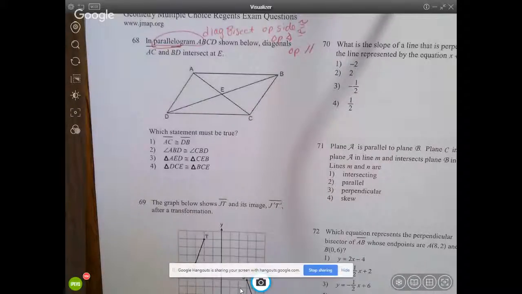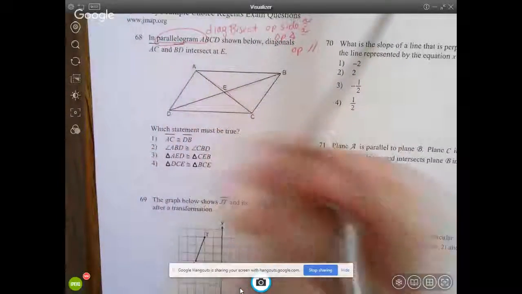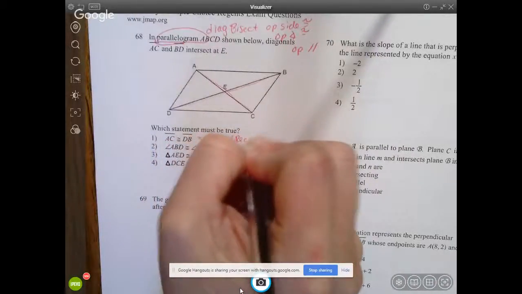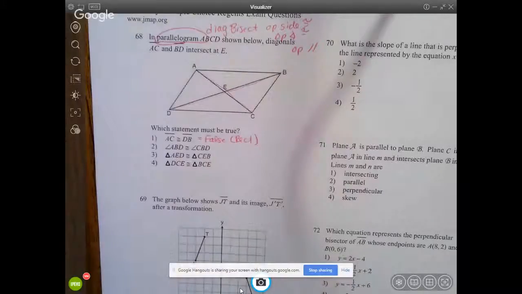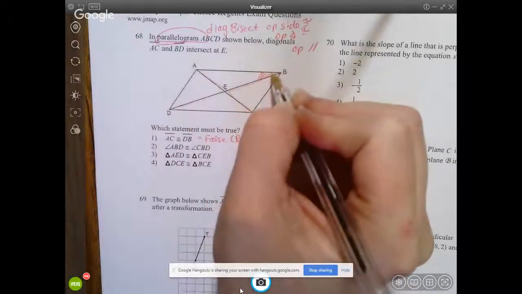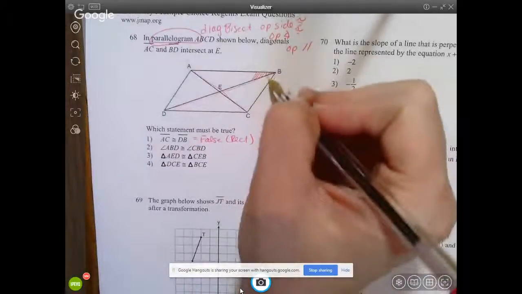So AC, which is this line, and DB being congruent, that is false. That is only true when it has to be a rectangle. So if you remember when you make paper airplanes, the diagonals are the same. Angle ABD, so that's this angle right here, is equal to CBD, which is this angle right here.